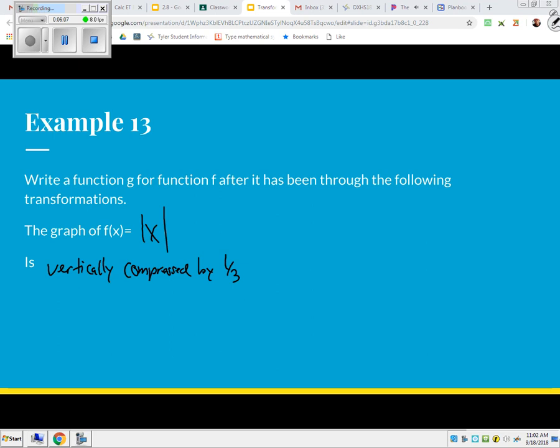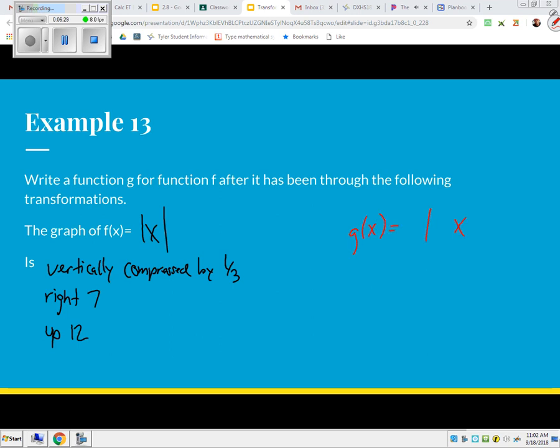Sorry. I want to go right 7. And let's go up 12. Right 7 units, up 12. So I'm looking to rewrite it as a g of x function.